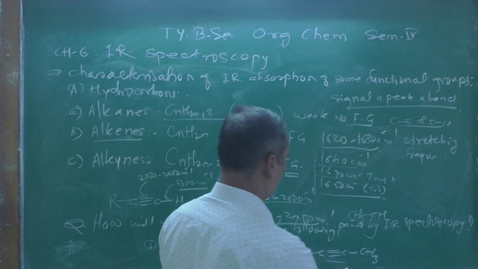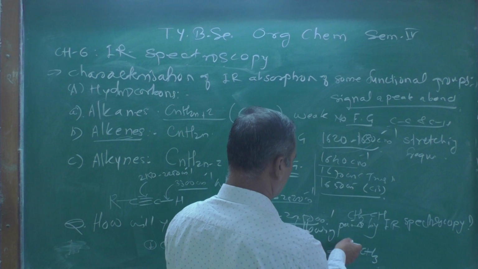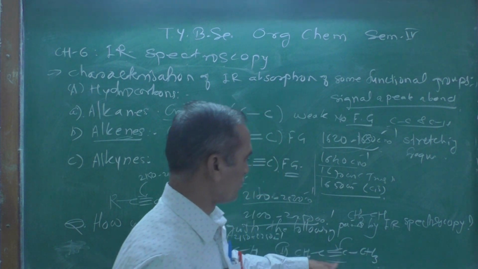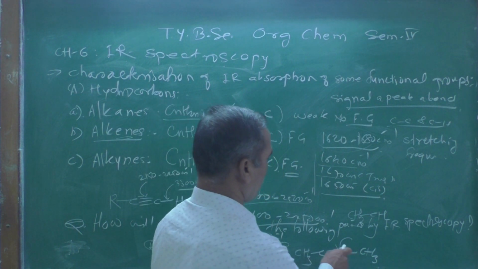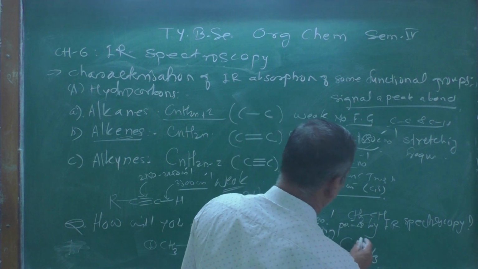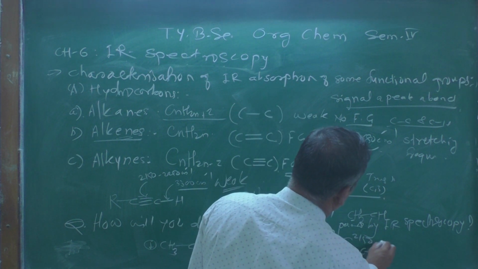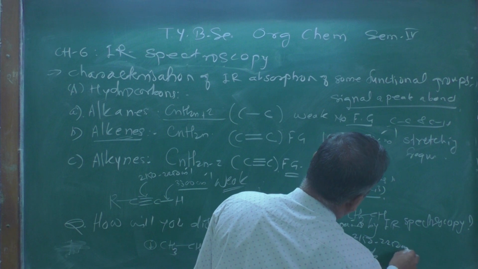And this molecule also, but it is a symmetrical molecule. Let us see over here the presence of the carbon-carbon triple bond, 2150 to 2250 per centimeter.